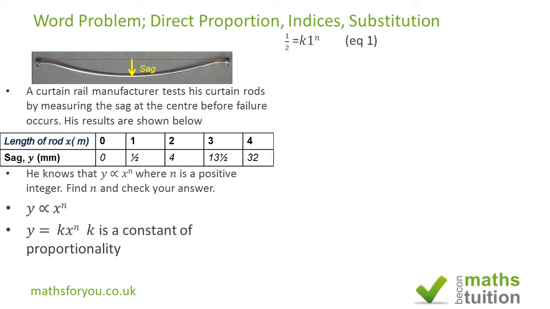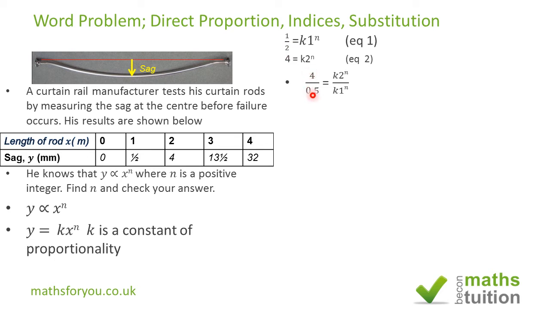Now my equation 2 will be this one here, this ordered pair. 4 is equal to k times 2 to the power n. If we then divide equation 2 by equation 1, we have this here. Okay, now I know this is 0.5, which is the same as a half there.